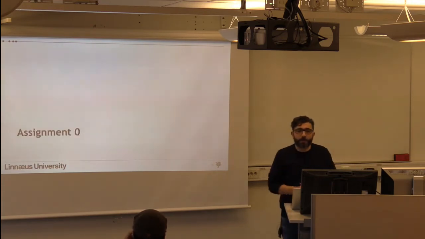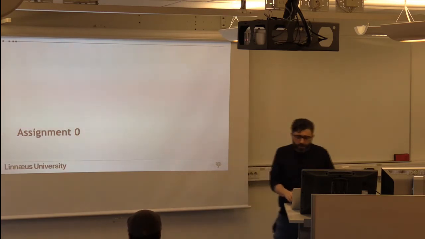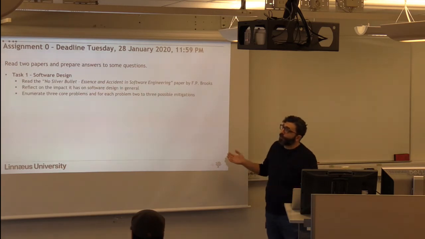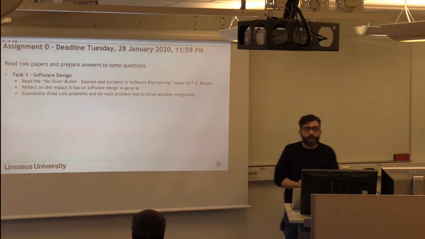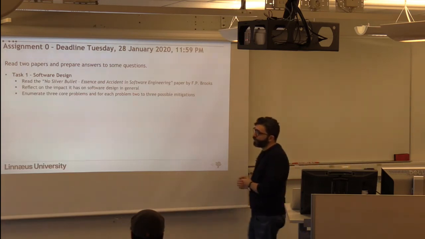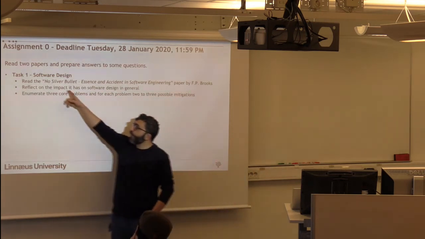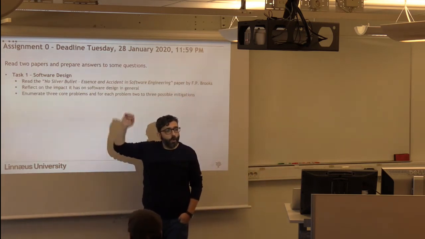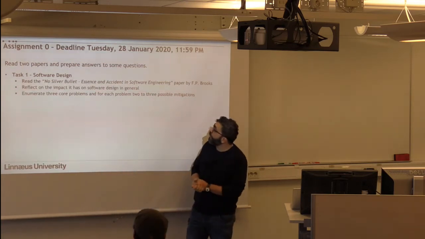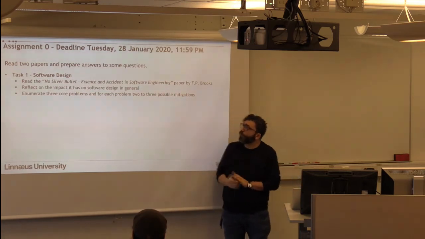So then, assignment 0, okay? Assignment 0 essentially consists of 2 different tasks. We mean read 2 papers and write some answer about some questions, okay? So first task is to read this very important and old paper called No Silver Bullet, Essence and Accident in Software Engineering paper from Brooks.